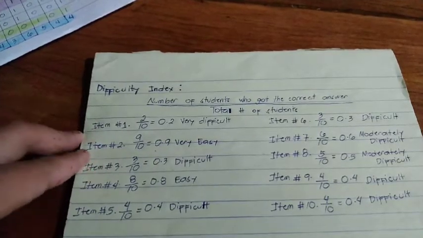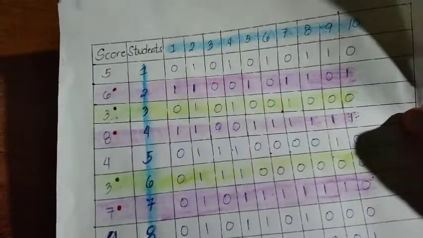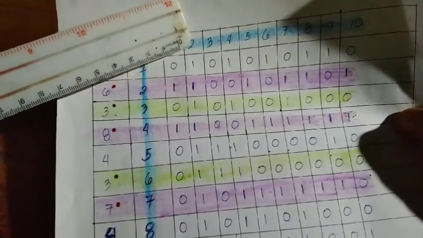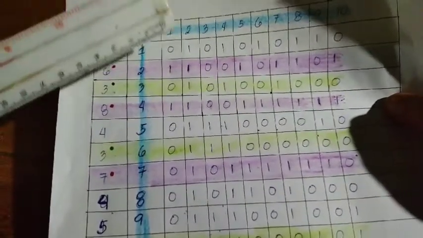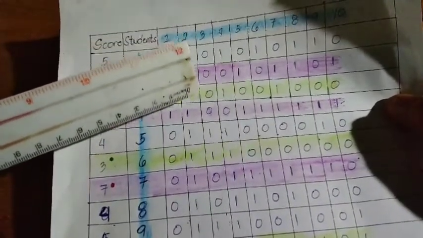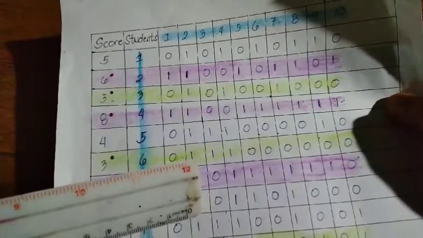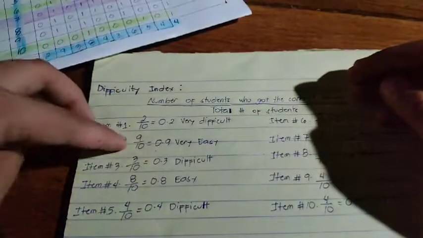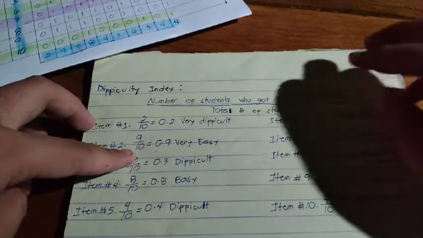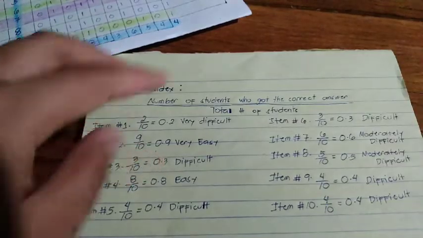Another example, item number 2. In item number 2, the ones who got the correct answer are only 1, 2, 3, 4, 5, 6, 7, 8, 9. So, 9. 9 divided by 10, which is the total number of students, is equal to 0.9.